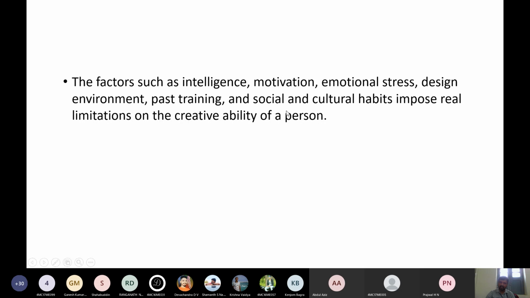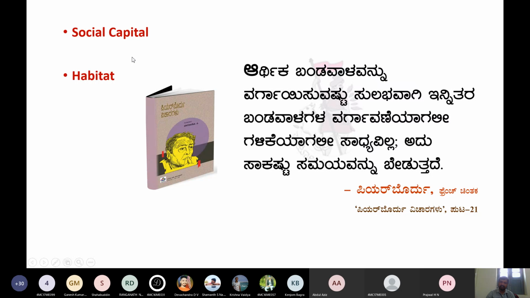In a society like ours, social capital is provided by caste. A particular, dominant caste can provide social capital, and even habitat. If you are born in a musician's family, it is easy for you to become a musician compared to others. Again, if you can read Kannada, you can understand this.